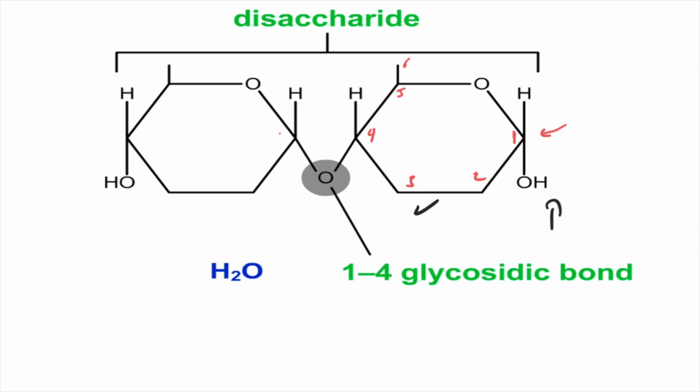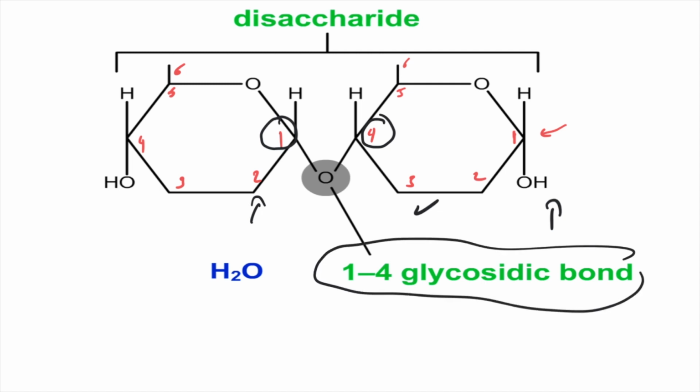Same we do here, 4, 5, 6. Now, since the bond is between the fourth carbon and the first carbon from these two glucoses, that's why we call it 1,4-glycosidic bond. So 1,4-glycosidic bond is the name of the bond that forms between two adjacent glucoses in a disaccharide like the one I have here.